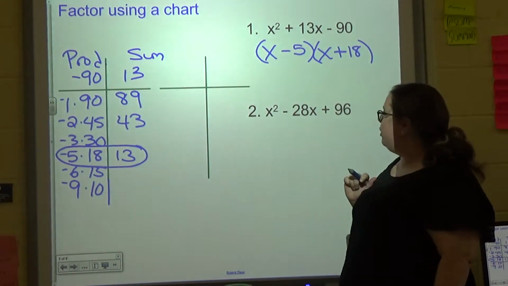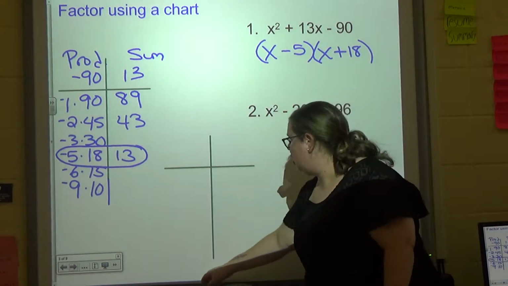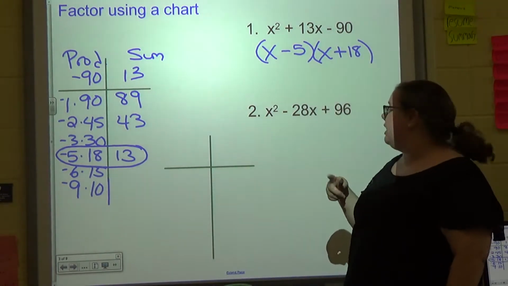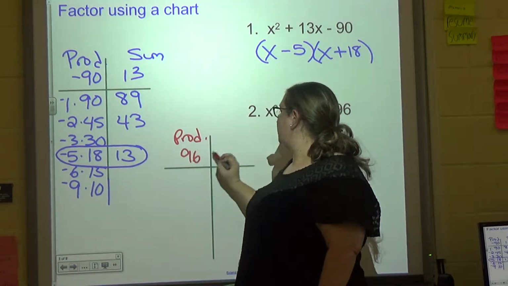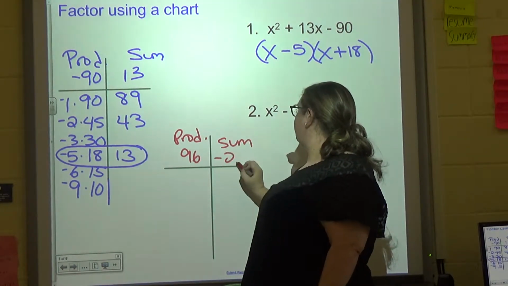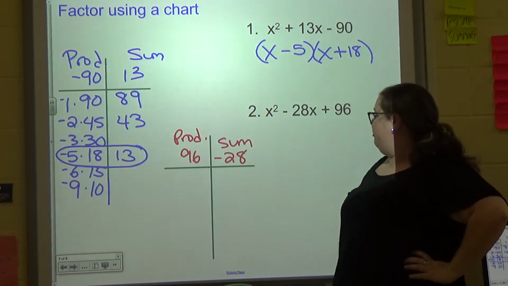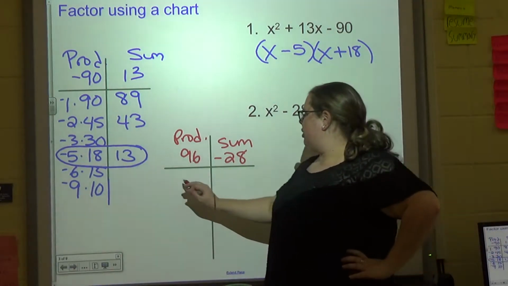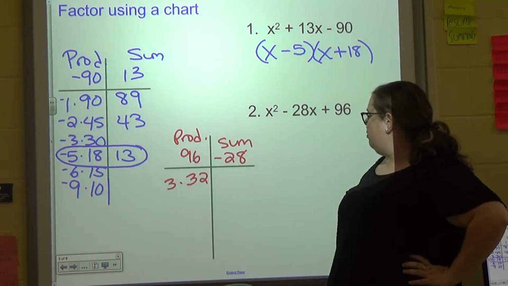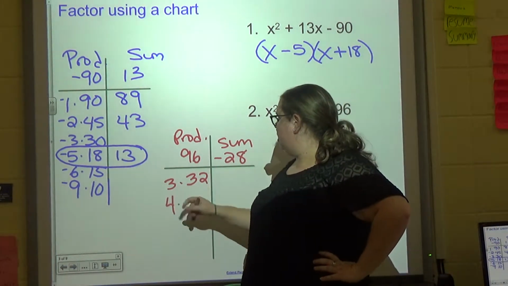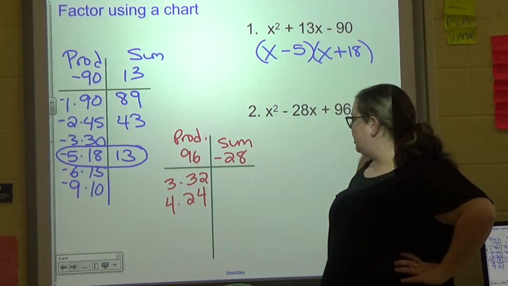Pause the video, try 2 on your own. So for number 2, put down here. This time we're multiplying to 96. Our product is 96 and our sum is negative 28. Let's see. It's not 1 times 96, 2 times 48, I'm going to start with 3. 3 times 32, not quite, 4 times 24, ooh, that's it.